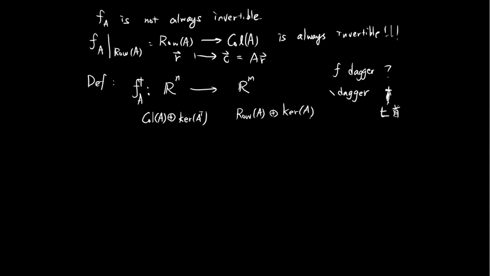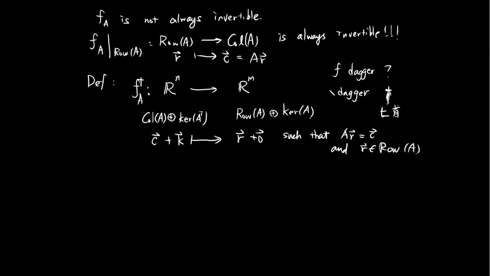So what we're going to do is pick one vector in the column space and pick one vector in the left kernel. These two vectors are enough to represent all the vectors in R^n. Okay, so every vector of this form, we are going to send to R, such that AR is equal to C, and R is in the row space.